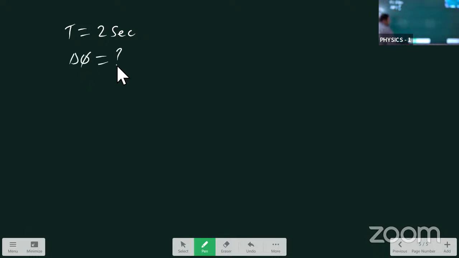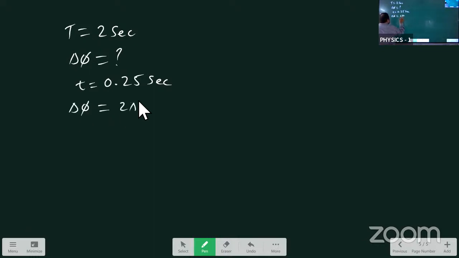Phase is denoted with phi, and change, delta, is coming. Delta phi equals question mark. Change in the phase angle after 0.25 seconds, the time they are giving. So, what is the phase difference formula?